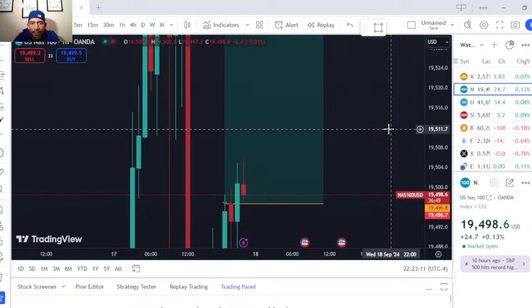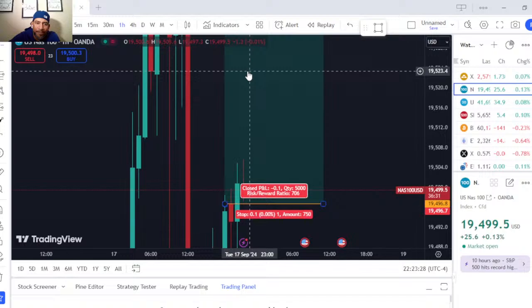I don't think I got slipped on that. There's not enough volume to get slipped on any trades here. It'll be crazy if this thing just rips up.